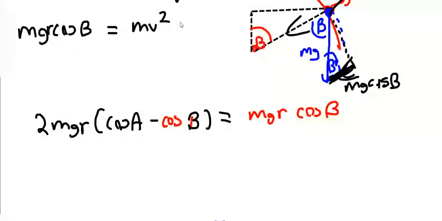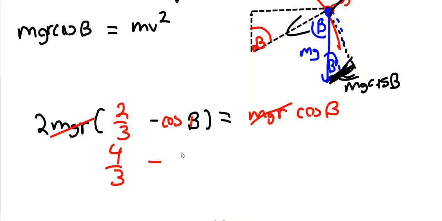Cos A is 2 over 3. So what can I do there? And by mgr, yeah? Gone. So 4 over 3 minus 2 over 3 cos B equals cos B.